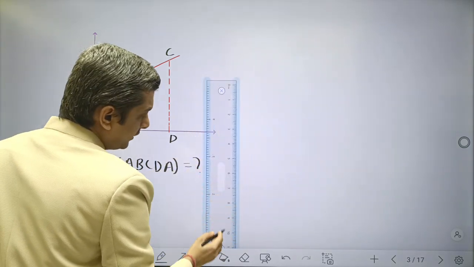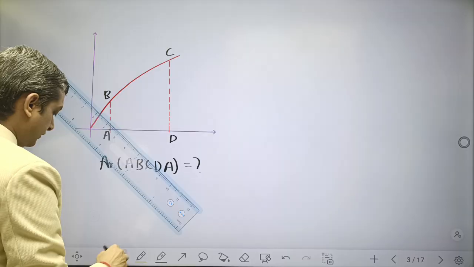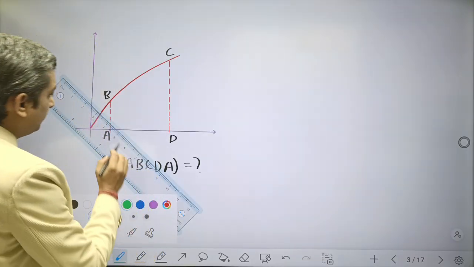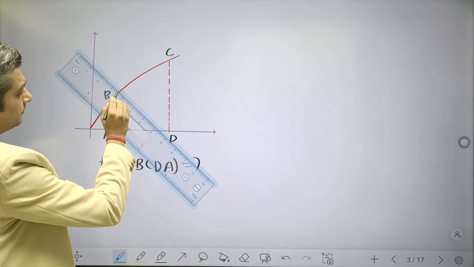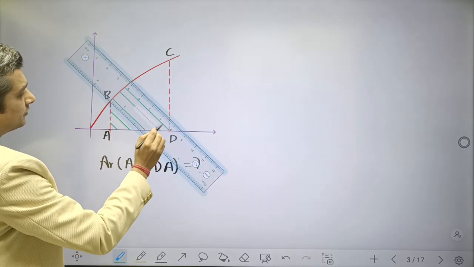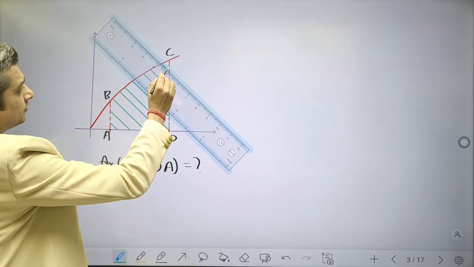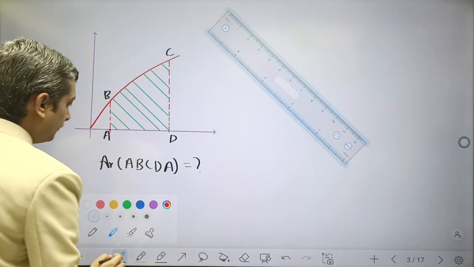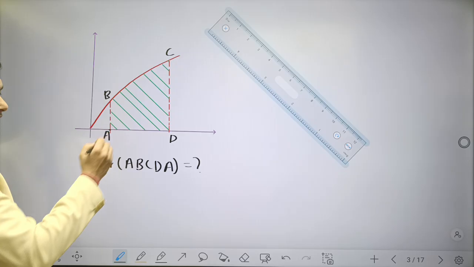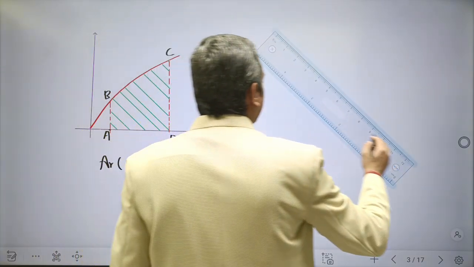Which area do we need to find? I'm going to shade the required area which I wish to find. It must be very clear to you. I wish to find this shaded area, that is area A, B, C, D, A. Now what is the procedure, dear students?